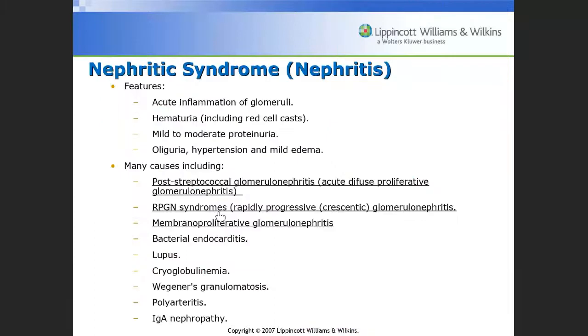Now we're going to talk about nephritic syndrome. The difference is that nephrotic has a lot of protein. Nephritic, you see a lot of red blood cells. So most likely, look for the clue, red blood cells plus plus plus, and think of it as nephritic. Nephritic is a very similar thing.